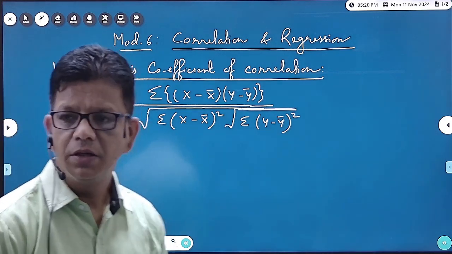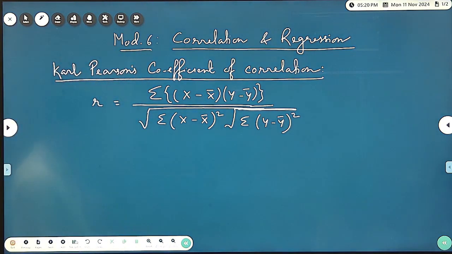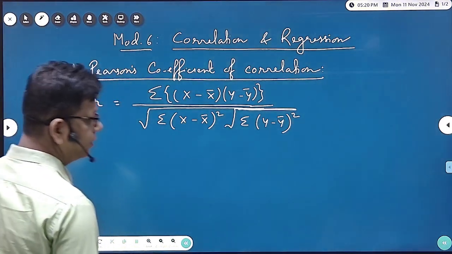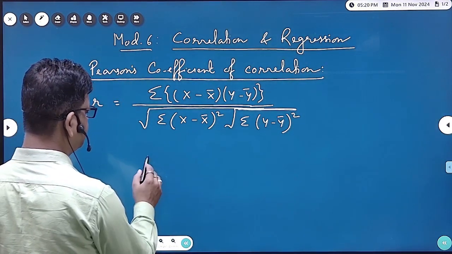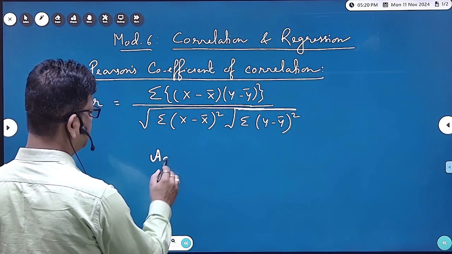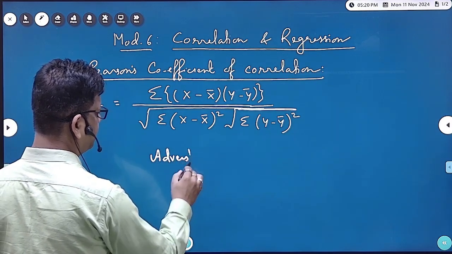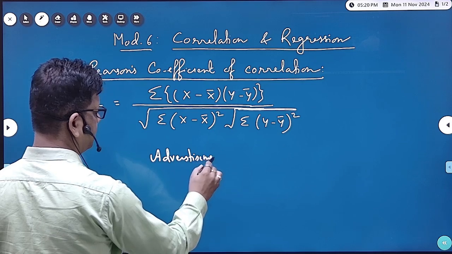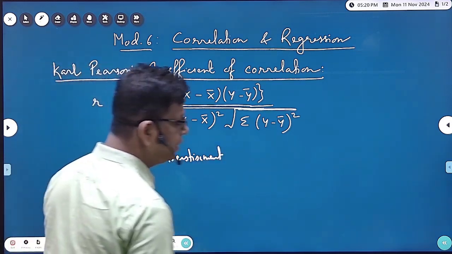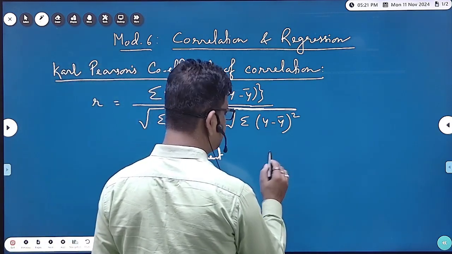Can I start? Now, what does correlation actually mean? Correlation means there are two quantities. For example, suppose the money spent on advertisement, and suppose the money earned by selling the product.